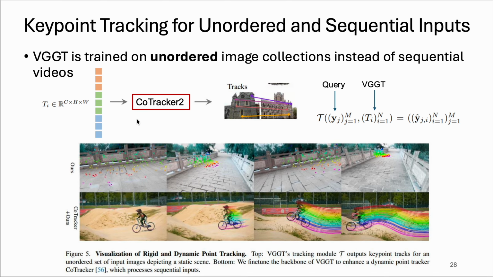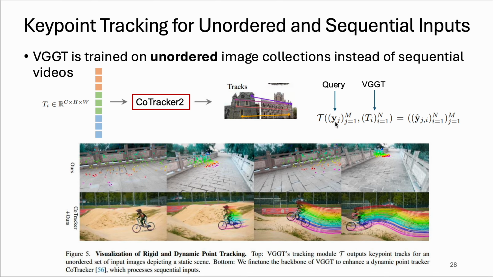These image tokens are fed into the CoTracker and we get the tracks. If we represent it as a formula, the query y is a two-dimensional pixel location, and there are M query points. Then this is a track coming out of VGGT.